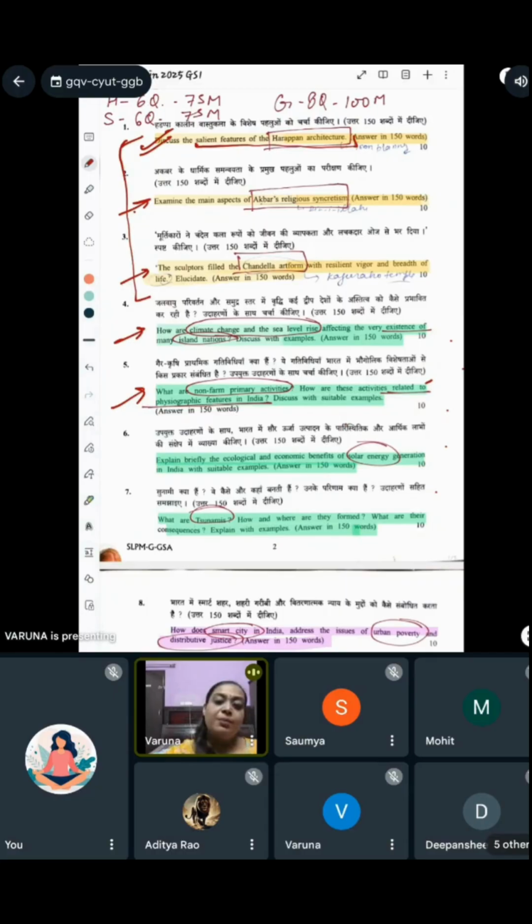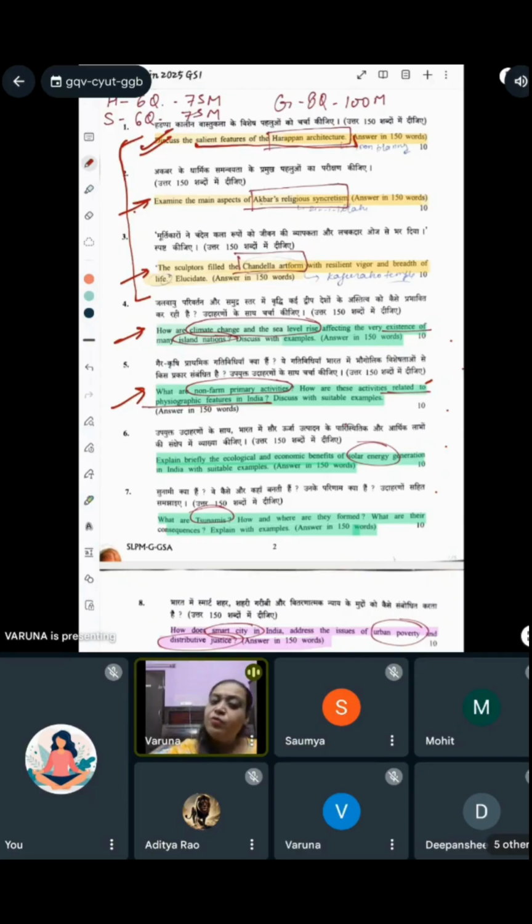Let's say the plateau region, the Deccan Plateau region, which is very rich in minerals. So mining is practiced there, like the Chota Nagpur Plateau region, the eastern Maharashtra and the Chhattisgarh and Jharkhand and Odisha, that belt is rich in minerals.